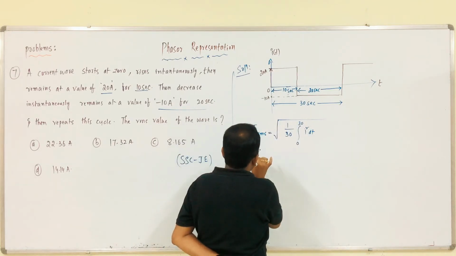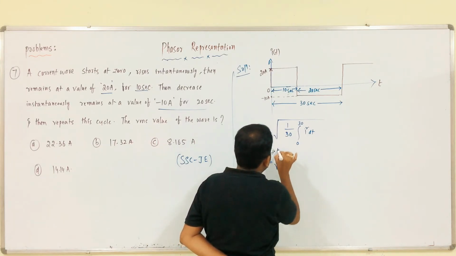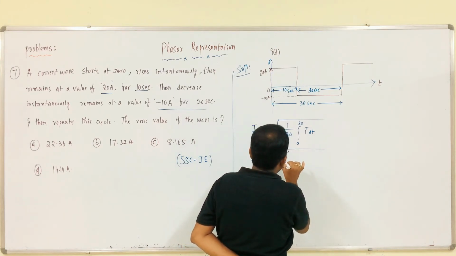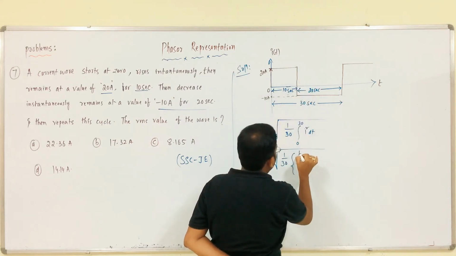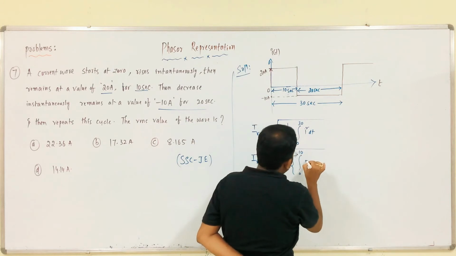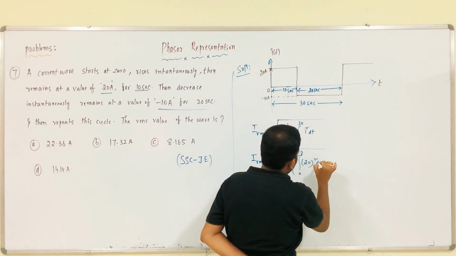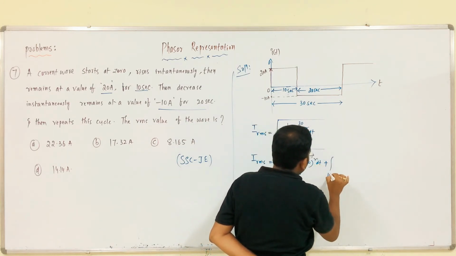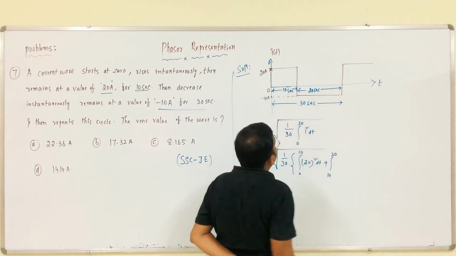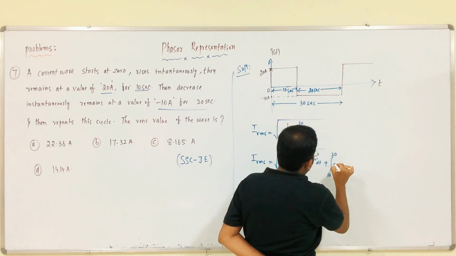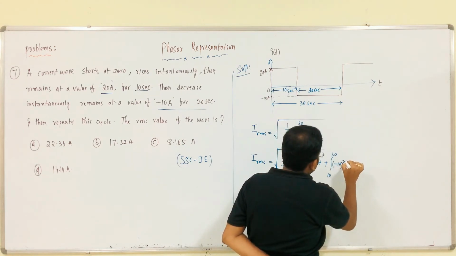So, from this, IRMS is equals to 1 by 30, the total time period. From this we have 0 to 10, we have 20 square dt, plus 10 to 30, we have minus 10 whole square. Clear?